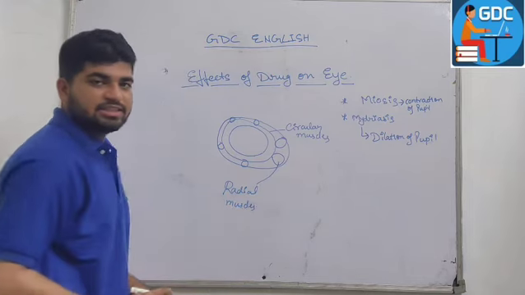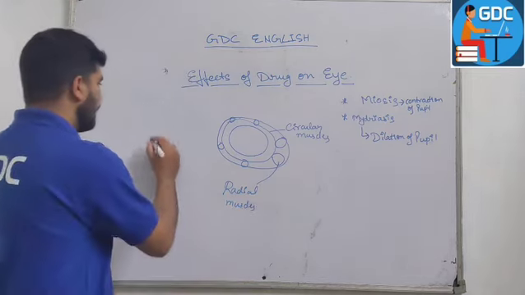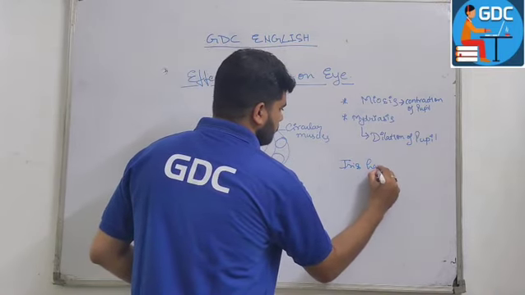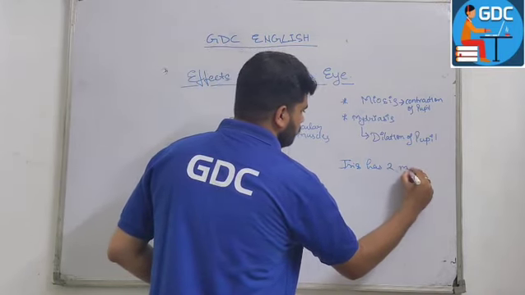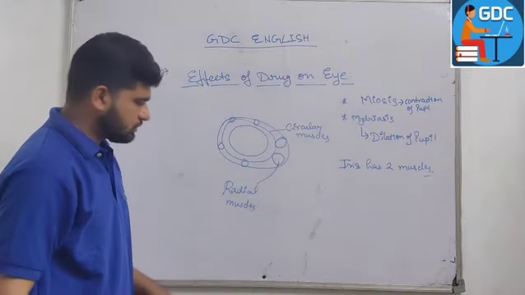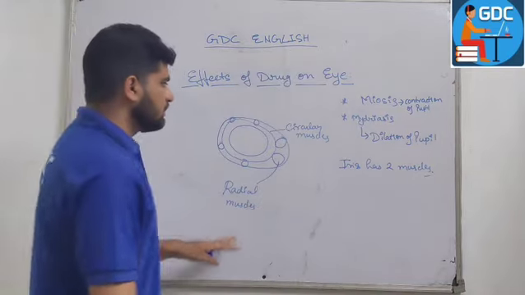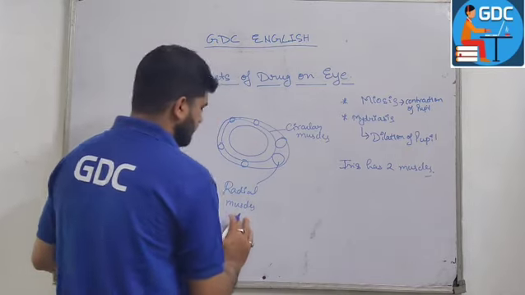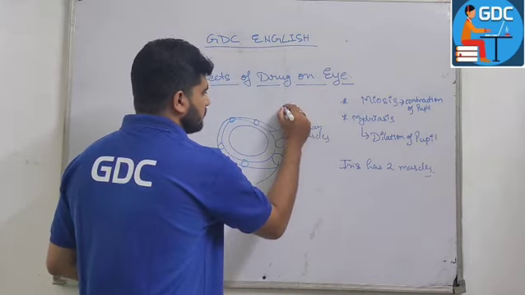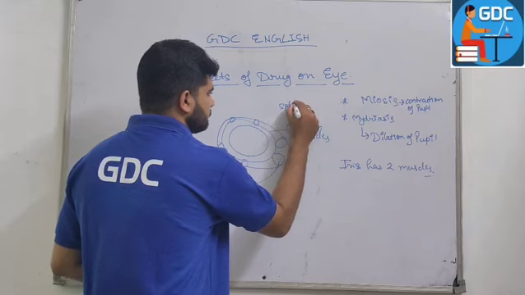So what are these muscles? These muscles are of the iris. The iris has two muscles, circular muscles and radial muscles. Circular muscles are also known as the sphincter muscles.